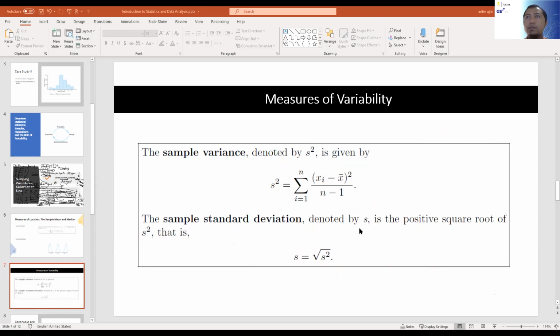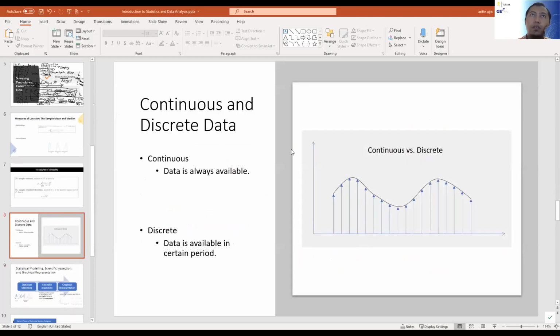Let's move forward. Okay, when we generate the data, the classification of the data is continuous and discrete. The opposite of continuous is discrete, of course. The definition of continuous data means that the data is always available at any time, in any condition, depending on the domain here. Let's say this is time. So the data is always available anytime. Anytime you can see the black curve here.